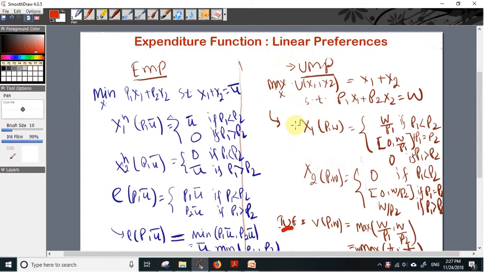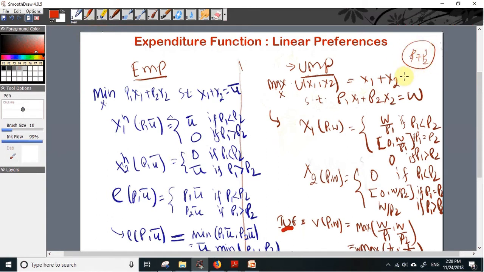As we discussed in our video, the consumer's optimization in this case will be a corner solution if P1 is not equal to P2.